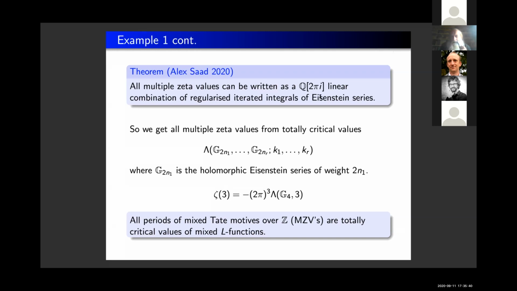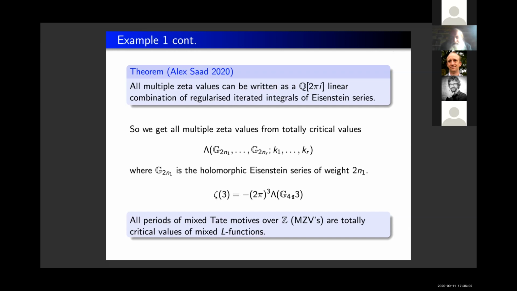You can get non-critical values of cusp forms. So the proof is very beautiful, it's rather tricky. But what it implies is that all multiple zeta values can arise as the totally critical values of these mixed L functions coming from Eisenstein series.